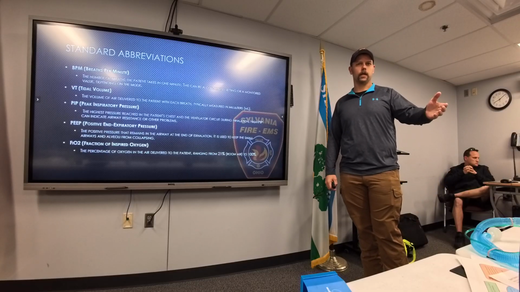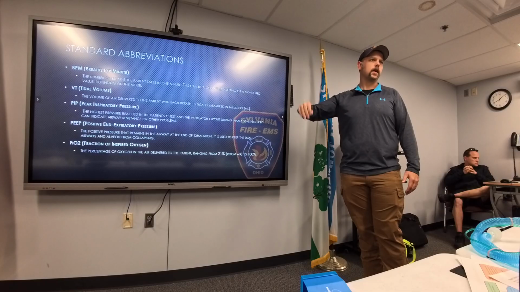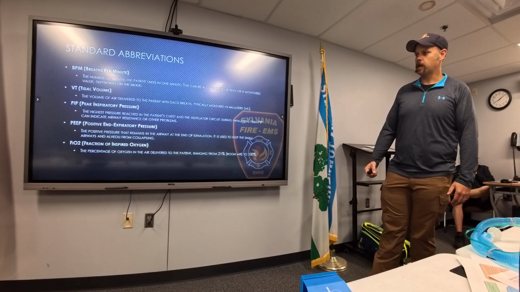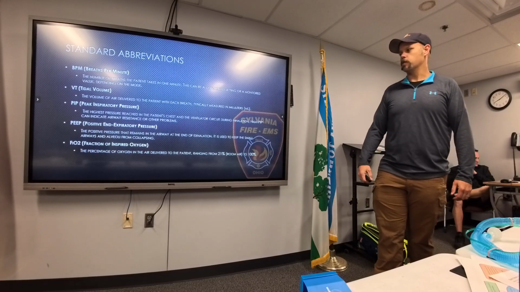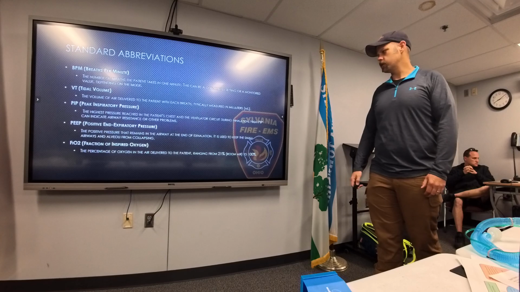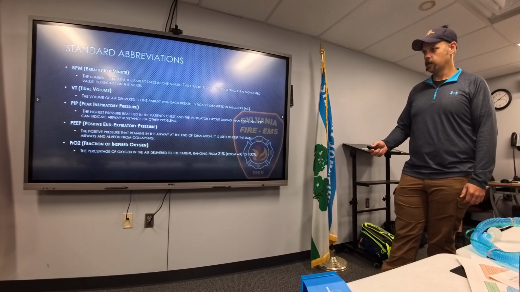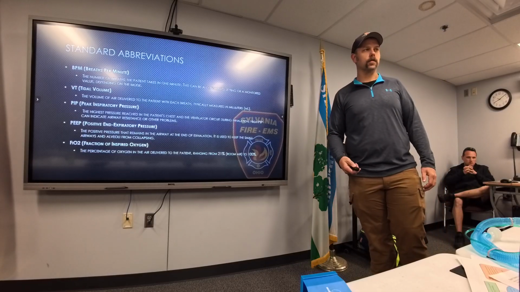So when we start getting a high PIP alarm, that's because the pressure in their chest is too high for what we have set. PEEP, positive end expiratory pressure: pressure that remains in the airway at the end of exhalation, used to keep the small airways and alveoli from collapsing.